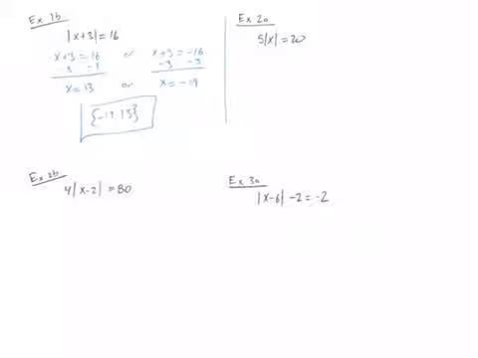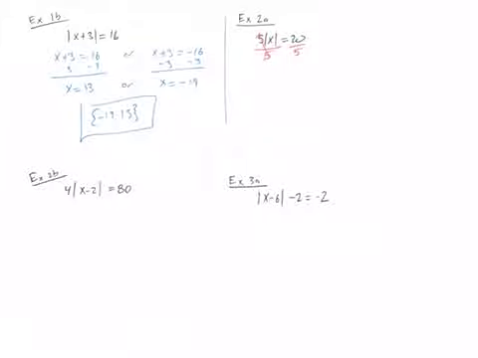Here, example 2a, notice the absolute value is not quite by itself. So the absolute value also has something else outside of it. So I need to see if I can get rid of that. To get rid of that, notice the 5 is multiplying by the absolute value. So the opposite of multiplying is to divide.